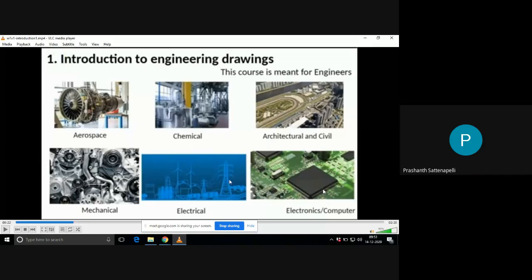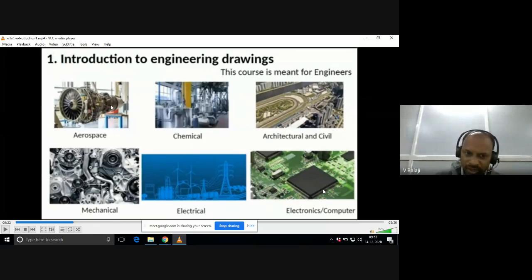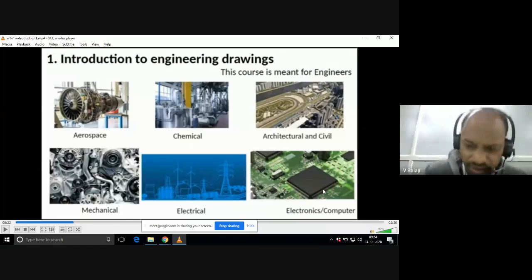So if somebody asks you the importance of engineering drawing, you need to say the applications are aerospace, chemical, architecture and civil, mechanical, electrical, electronics and computers. It is not restricted to only mechanical. The engineering graphics subject we are discussing is not only meant for mechanical students, but for all branches of engineering. Yes or no?